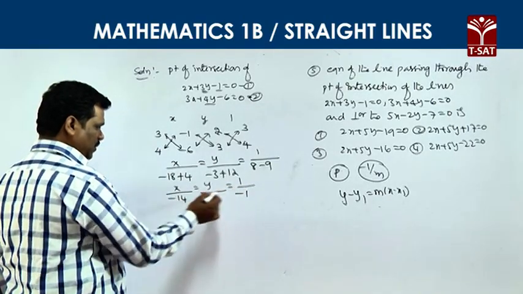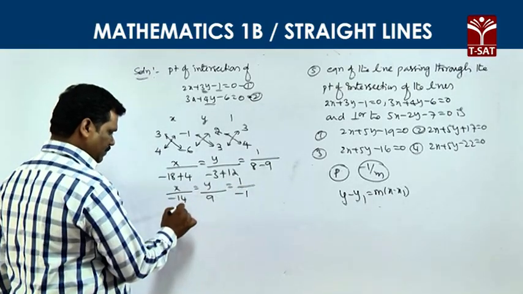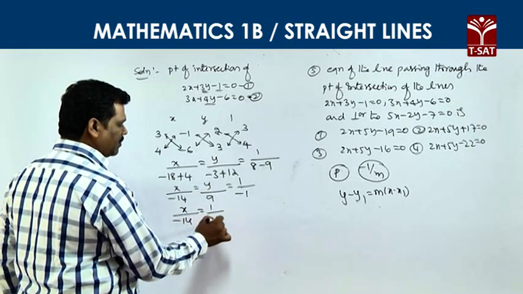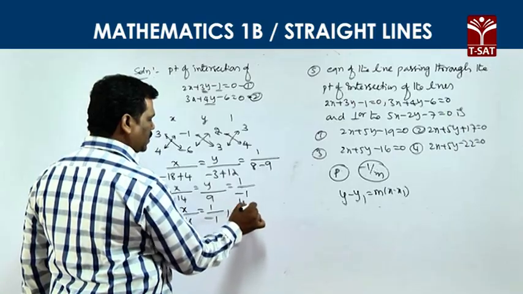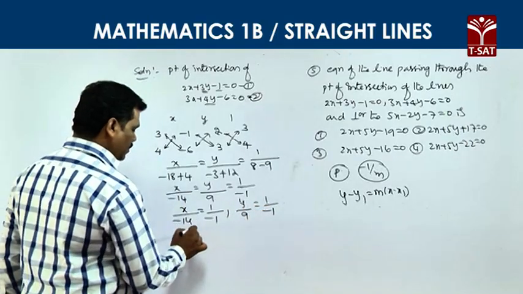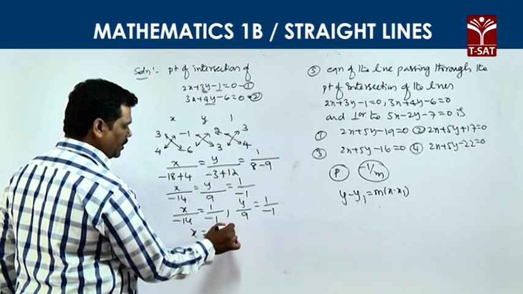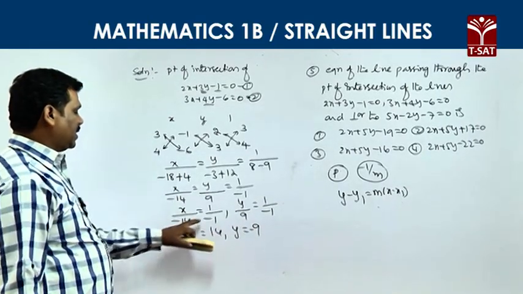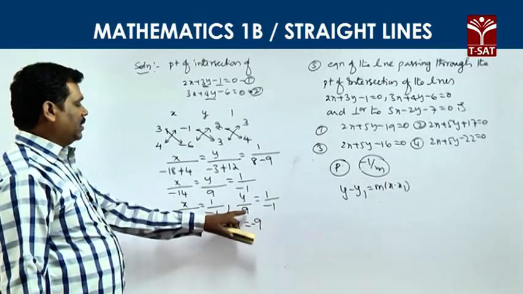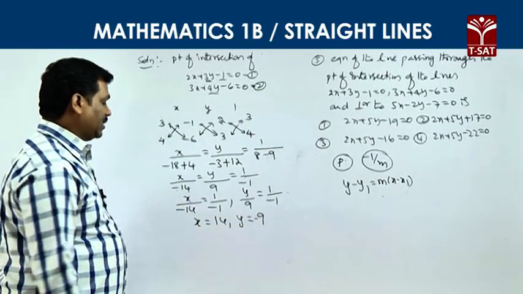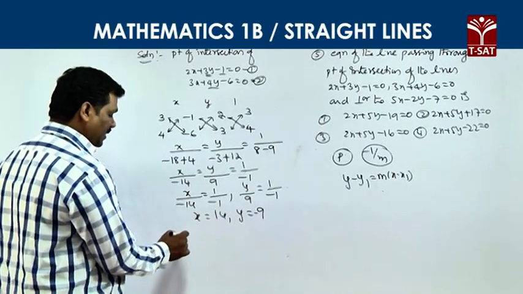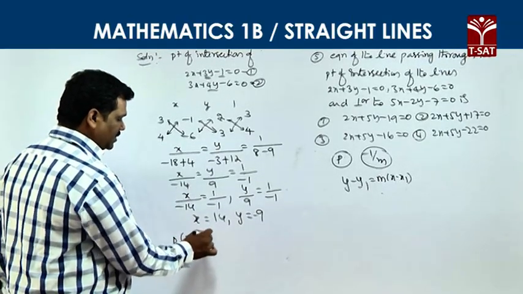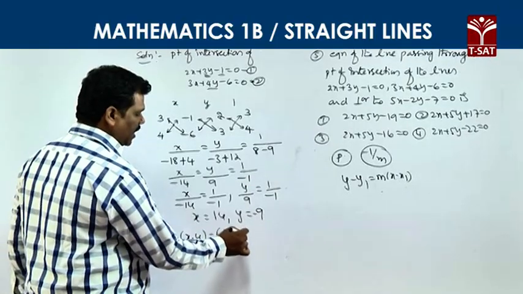Equating the first with the last, and the second with the last: x by minus 14 equal to 1 by minus 1, y by 9 is equal to 1 by minus 1. So we get x is equal to 14, y is equal to minus 9. So the point of intersection is P of x comma y equal to 14 comma minus 9.